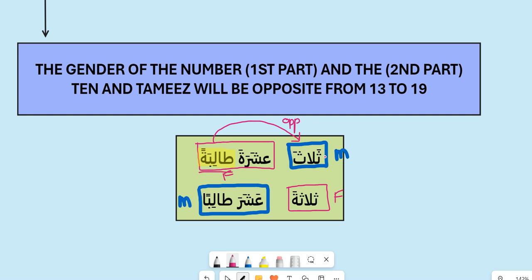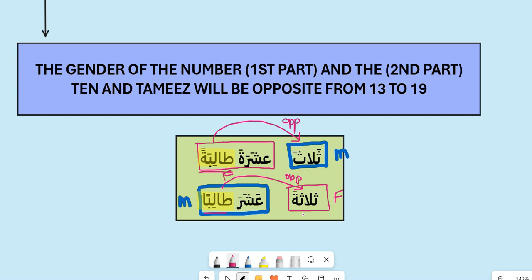Now check the gender of the tamiz. If it's a male, what happens? You will decide. If the tamiz is male, then the gender of the number will be feminine, opposite. So you first check the gender of the tamiz and then decide the gender of the number. I will do examples in the exercises and then inshallah it will be clear.